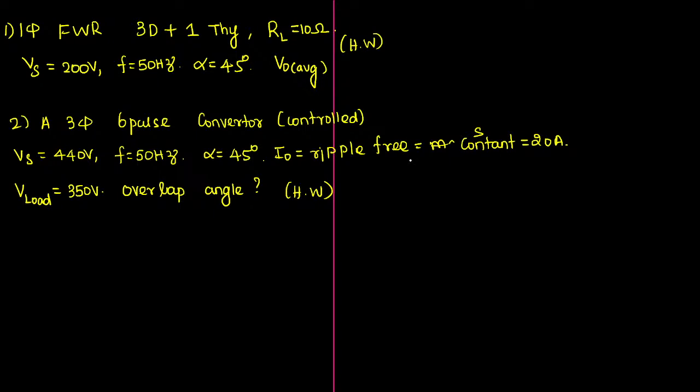Okay. Next question. A 230 voltage, frequency is given as 50 hertz. It is one pulse converter. I hope you all know the meaning of this.